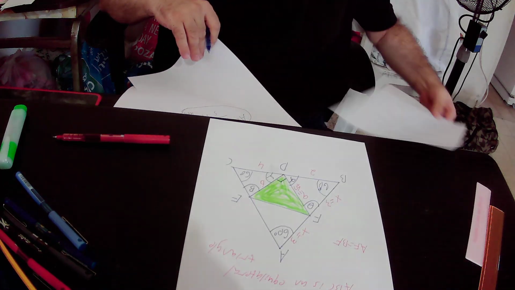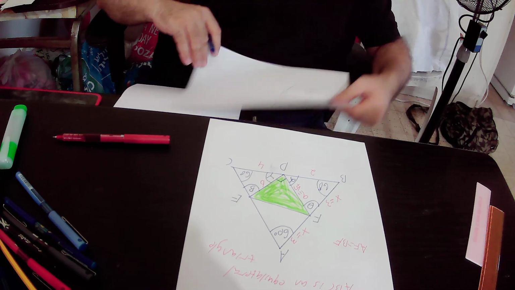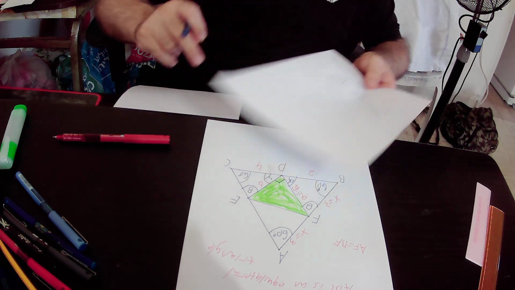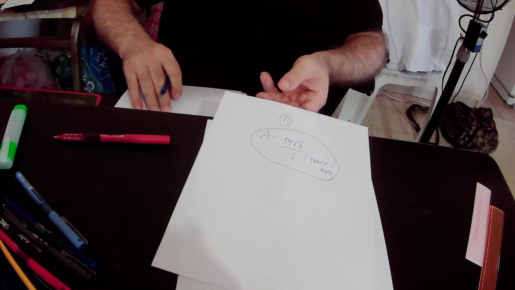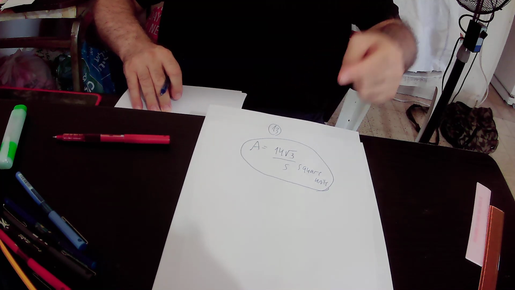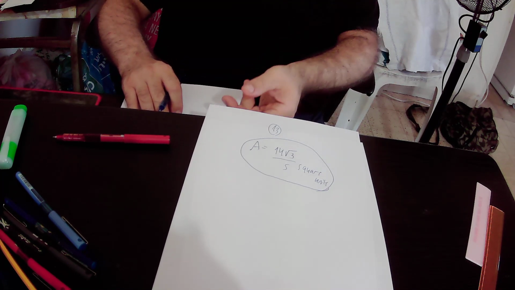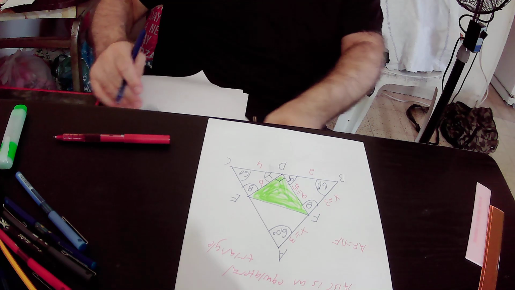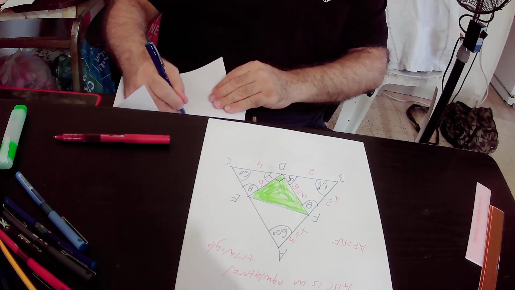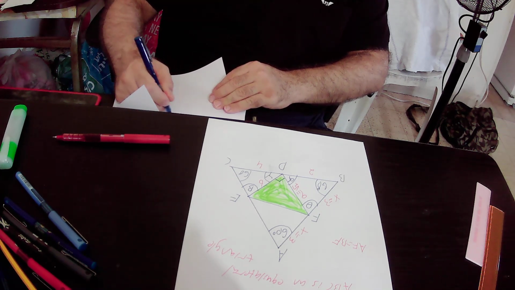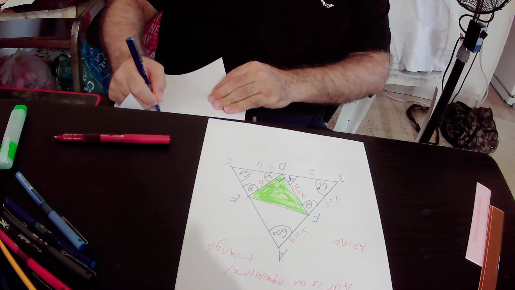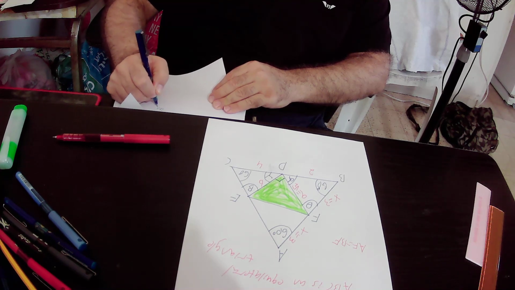Okay, so the area of the green triangle equals 14 times root 3 over 5 square units, or in terms of numbers, the area of the green triangle equals 4.85 square units.